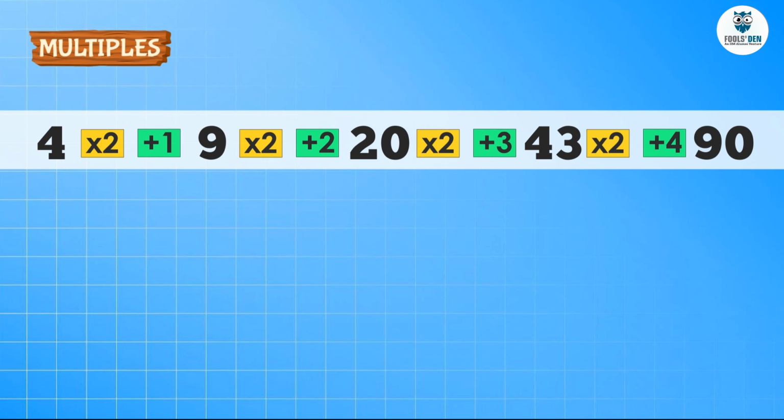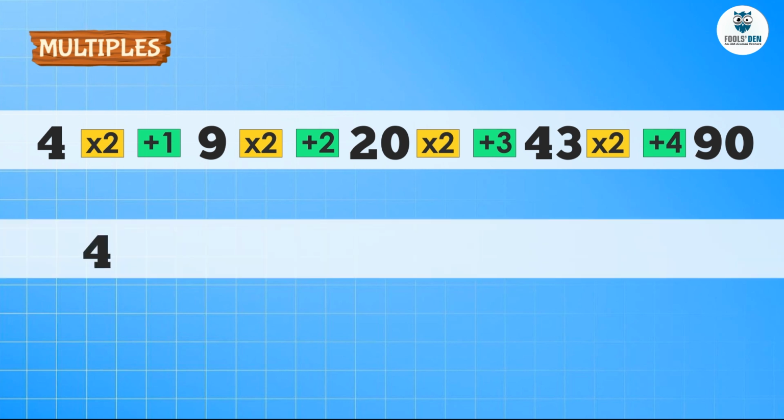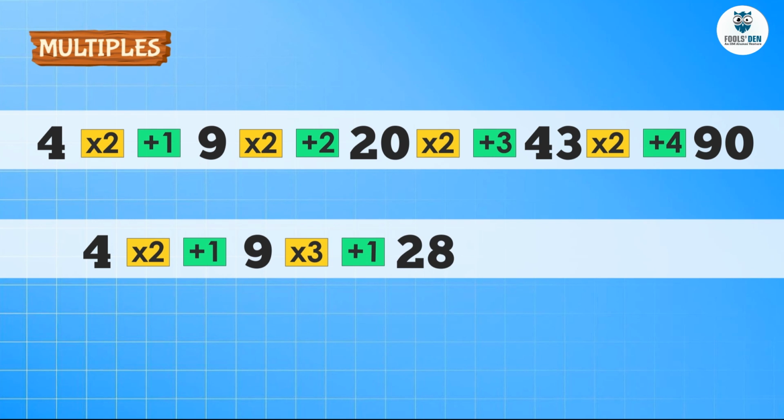How else can we twist this question? Why can't we change the multiple itself? Like here, every time the multiple is that of 2, in the next question, let's see how that can be changed. Let's take the next example. 4 into 2 plus 1, 9. Into 3 plus 1, 28.